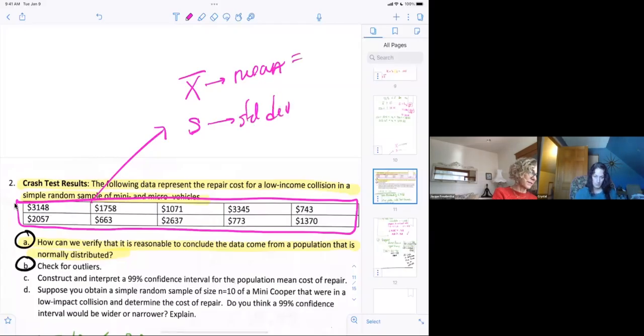And those end up being, the mean is 1756.50. So these are in dollars, $1,756.50.